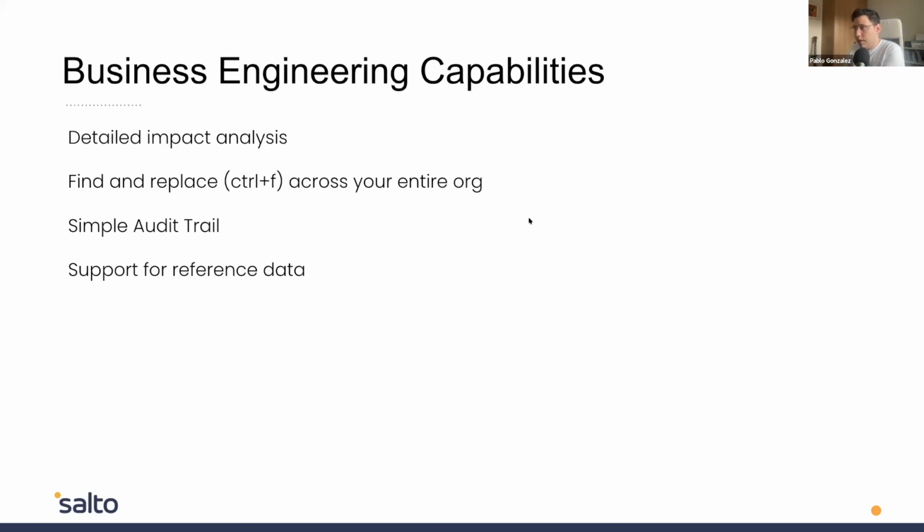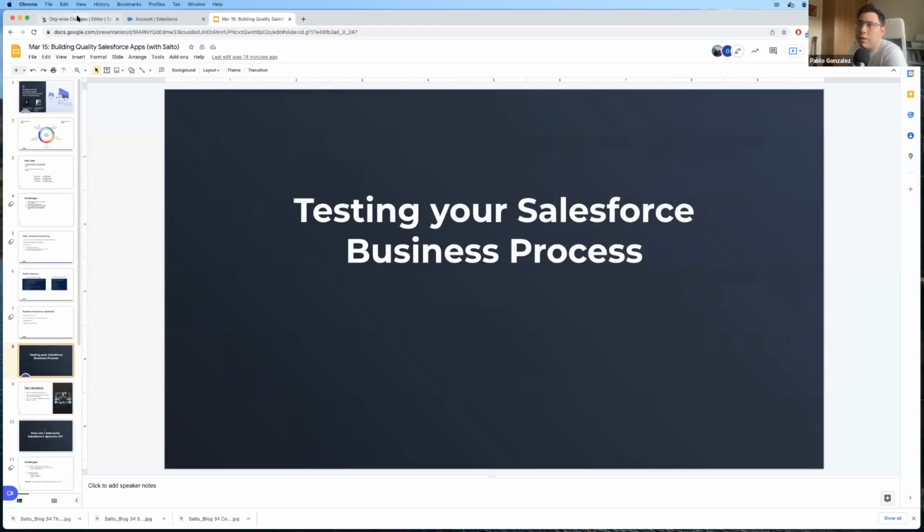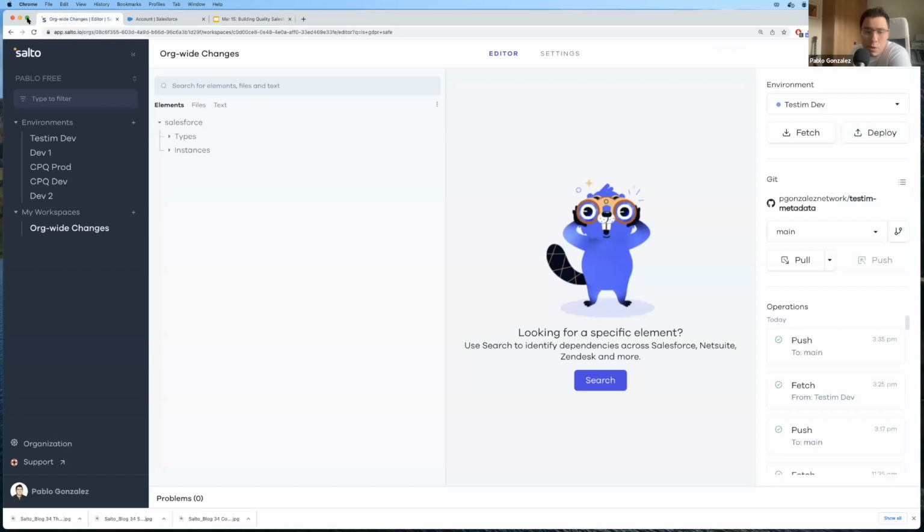Okay, so now let me get out of here and show you what Salto looks like, and we'll go through those phases of the development process. So this is Salto. The way it works is you have different environments, and these environments represent your Salesforce org. So in this case, I have an environment called Test and Dev.